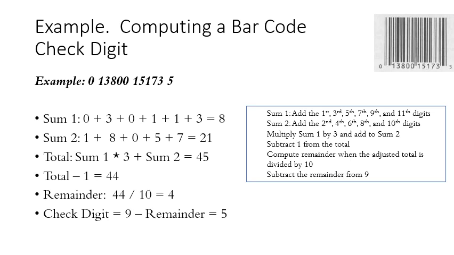So 45 minus 1 is equal to 44, and then we compute the remainder when the adjusted total is divided by 10. The remainder is 4. And lastly, we subtract the remainder from 9, which gives us a check digit of 5.